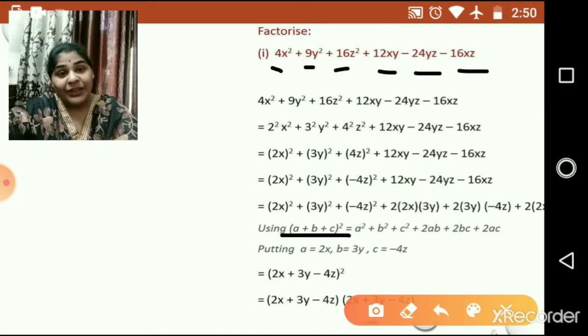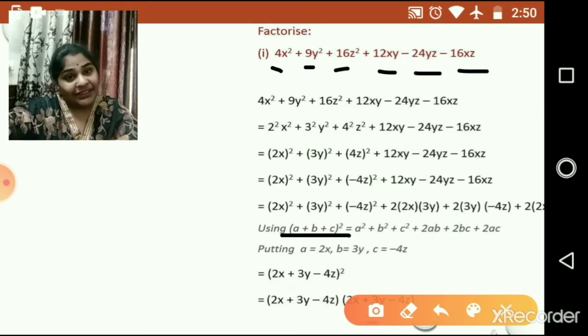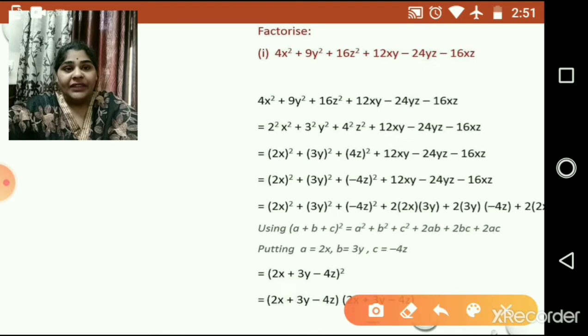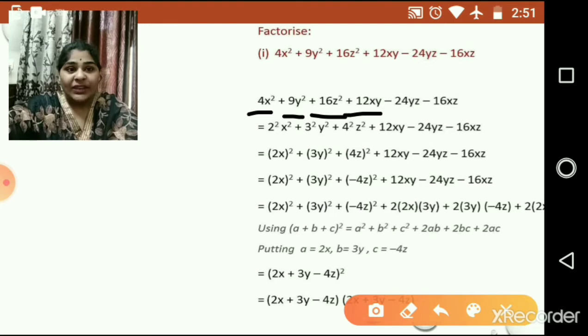Like that also you can first think, relate, and then go ahead with the solving. Okay, so now here you can see we will begin. It is 4x square plus 9y square plus 16z square plus 12xy minus 24yz minus 16xz.